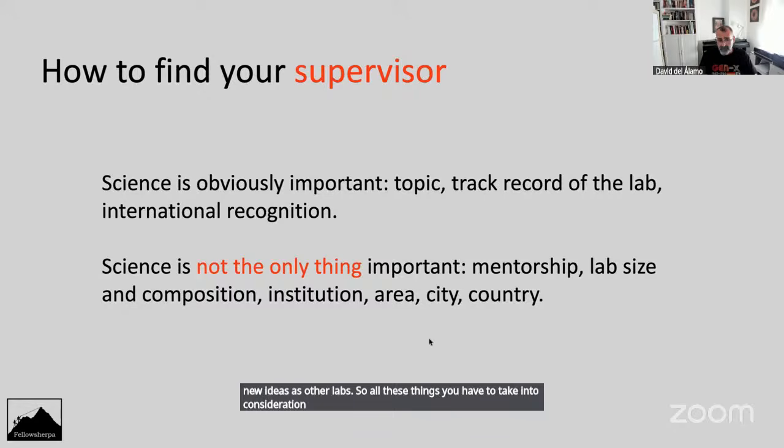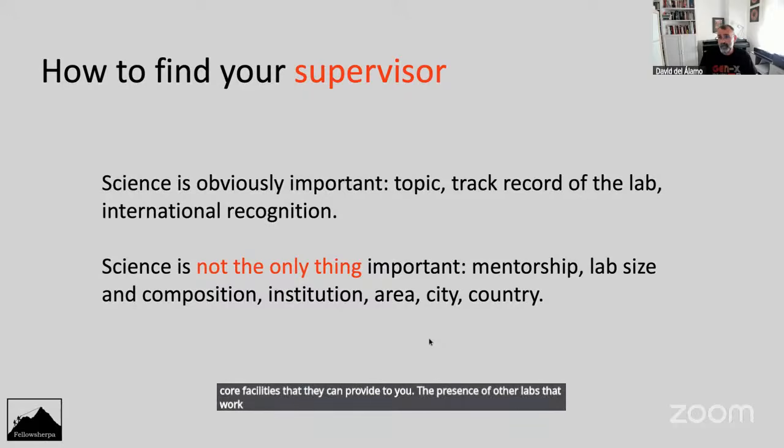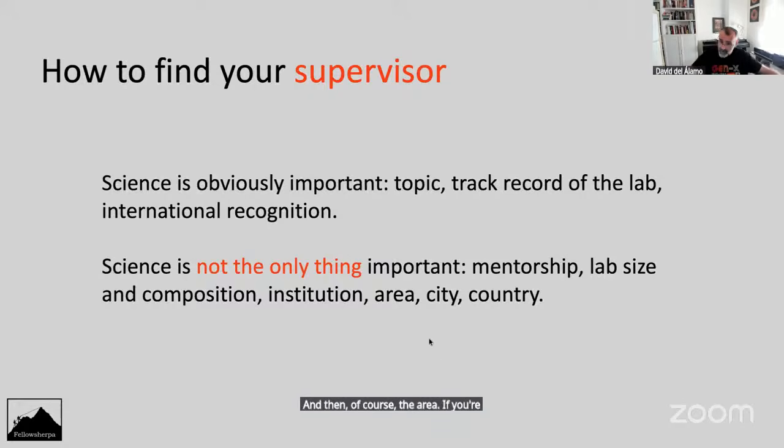Of course, there's the institution in which you are going to be, the common areas, the core facilities they can provide to you, and the presence of other labs that work on the same topic and can help you, or that you can discuss with and bounce ideas off. And then, of course, the area, if it has a dense population of labs.